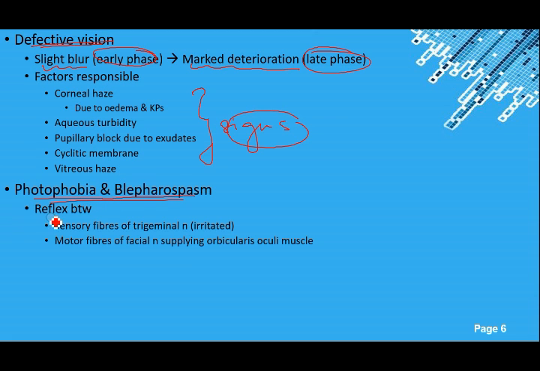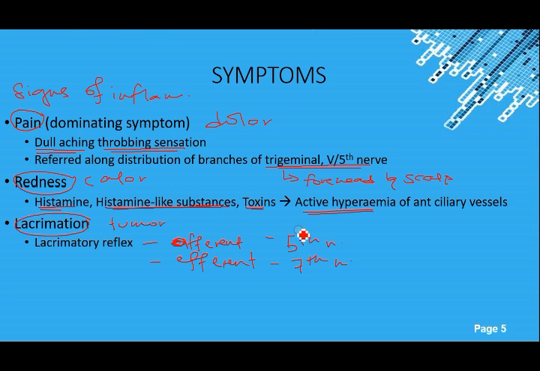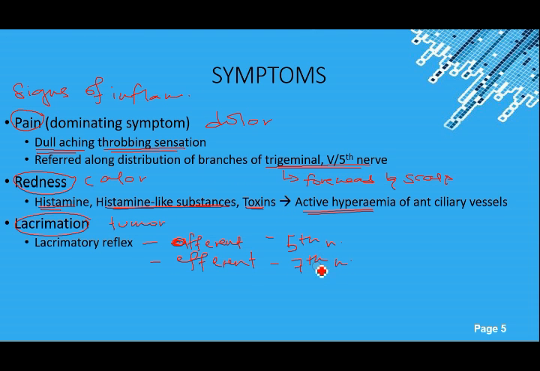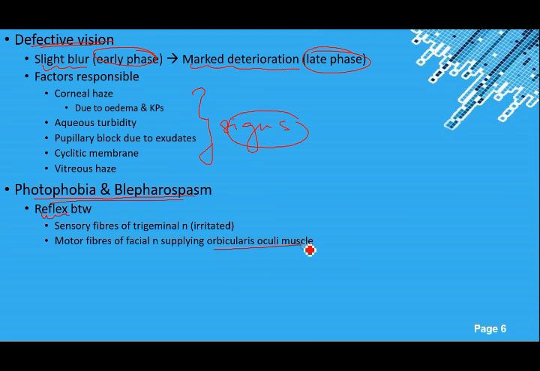Photophobia and blepharospasm is again that same reflex controlled by the fifth afferent and seventh efferent nerve. Normally this seventh nerve efferent supplies the orbicularis oculi muscle. So when the fifth nerve is irritated, the orbicularis oculi muscle goes into blepharospasm, contraction.